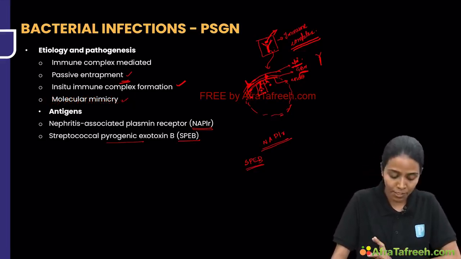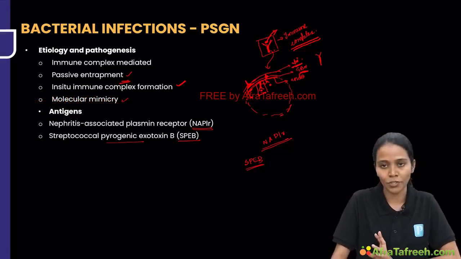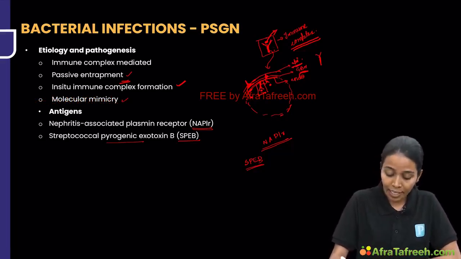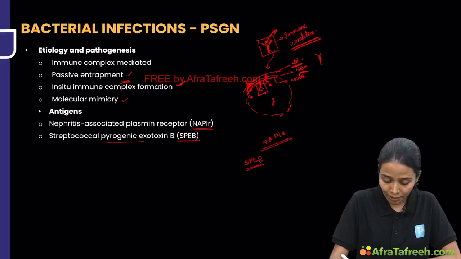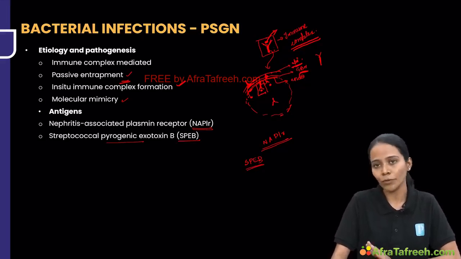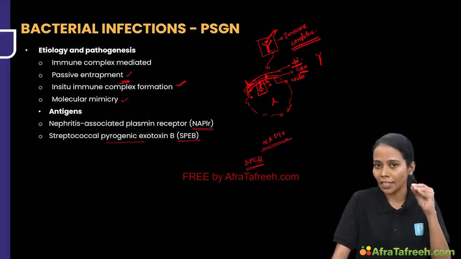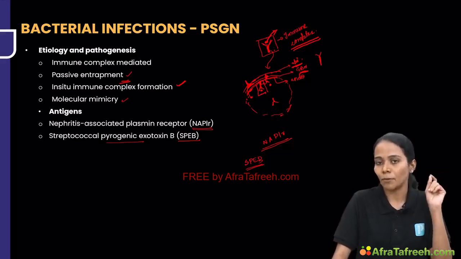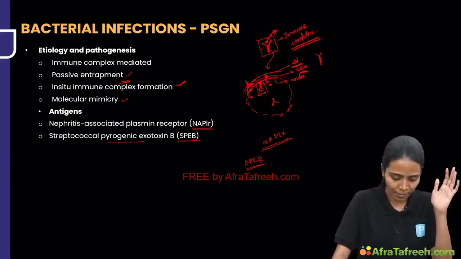So this becomes in situ immune complex formation. Third is molecular mimicry. That is, antibody in the blood recognizes some antigen in the GBM and goes and binds to it and creates the immune response. So these are the three mechanisms by which immune response happens in post-streptococcal glomerulonephritis.